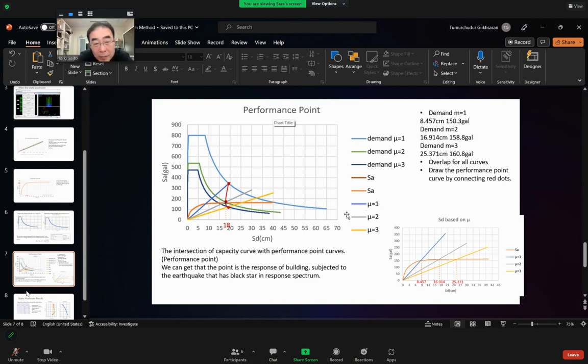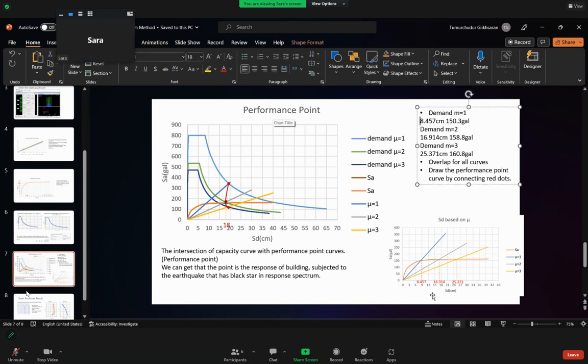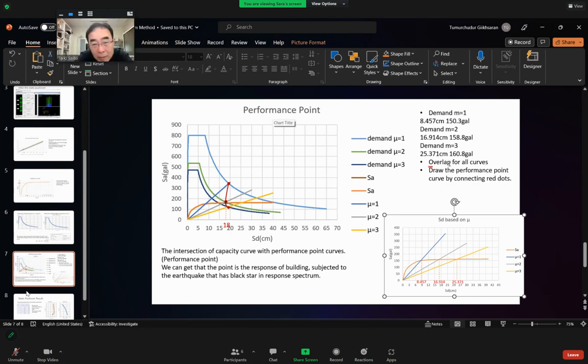From this, we can see 8.457, and demand M2 at double T is 16.914, and demand spectrum M3 is 25.371.